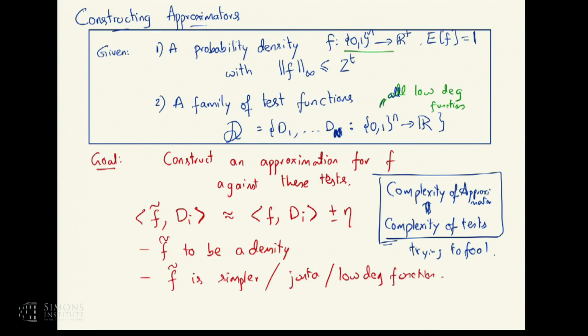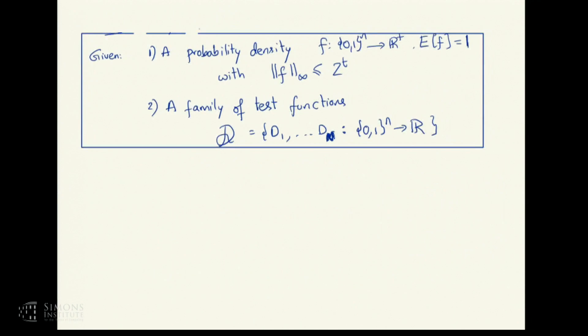Okay, and so this is what's going to be very useful for us. So let me just state what we can prove here, and show you how we can prove it. In this case we want a density.